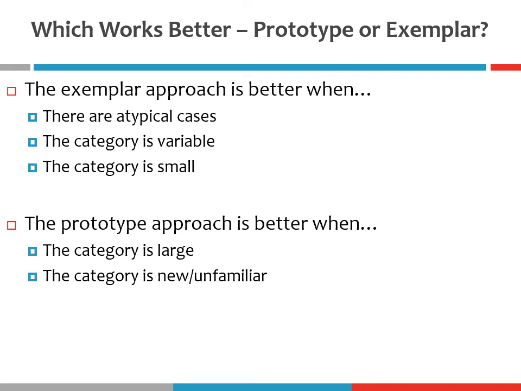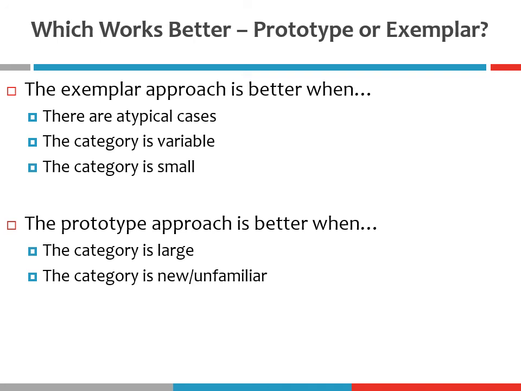So if you've encountered, maybe if you're a biologist or a botanist or an environmentalist, and you've encountered 350 different species of flower, then maybe it would make sense to use the prototype approach, simply because that category is so massive that it would take a lot of time for you to have to compare a new flower to all of those different types of flowers. So it's best when the category is small, so you're not bogged down with a bunch of different examples.